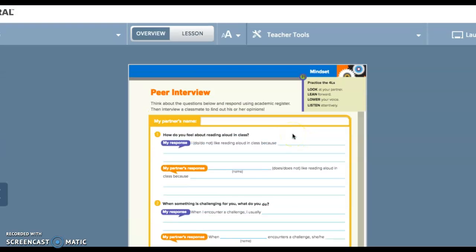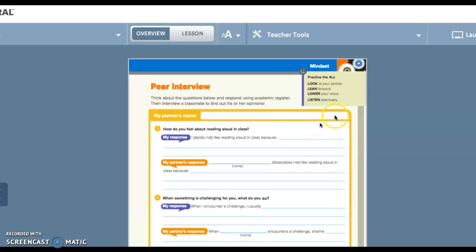Here's something that I kind of like right here, and let's talk about that. When you're doing kind of an official interview or you're talking with somebody in a professional way, you want to look them in the eye, because you want them to know that you are focused on their answers, that you care.